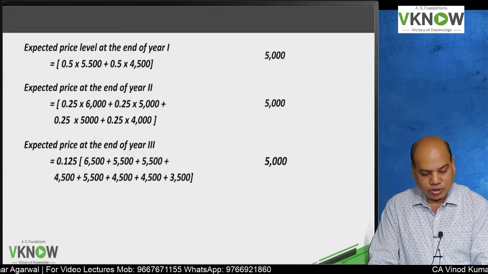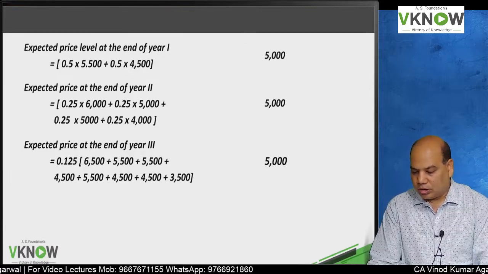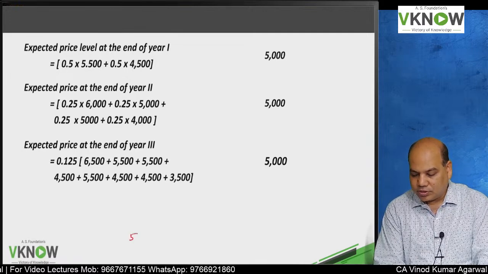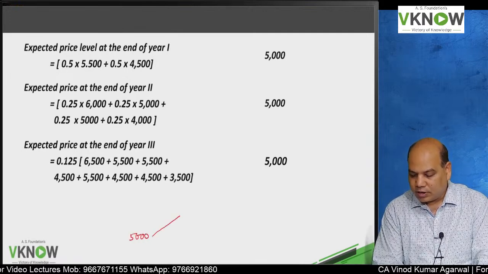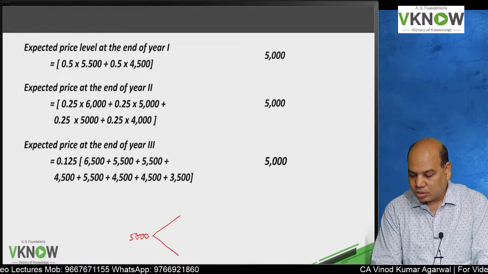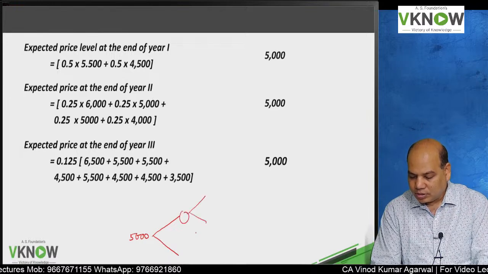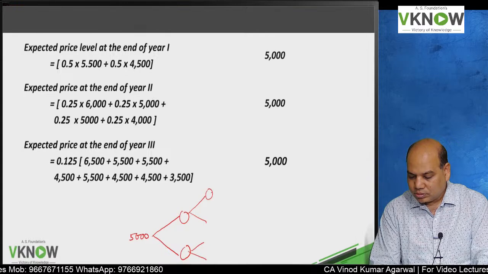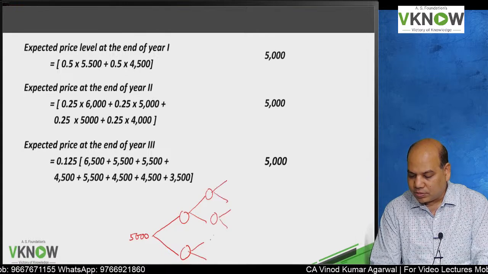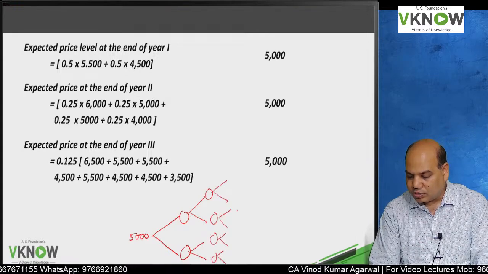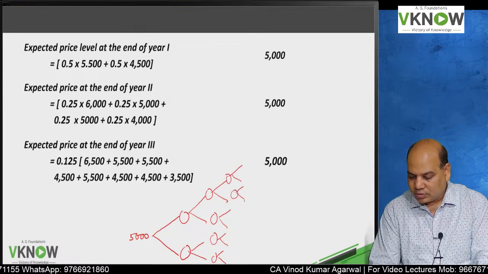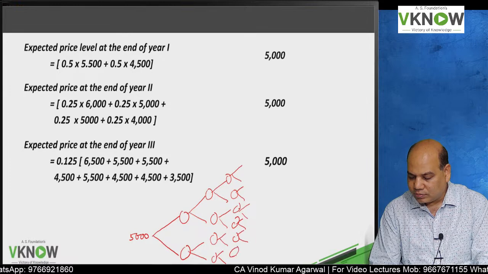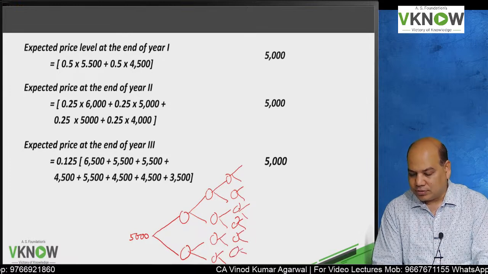The moral of the story is, if the price is 5,000 today, and if it rises or falls by an equal amount, then the expected price in all the future years will be 5,000.